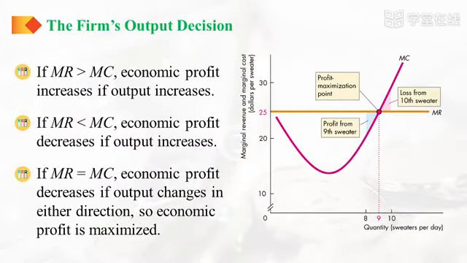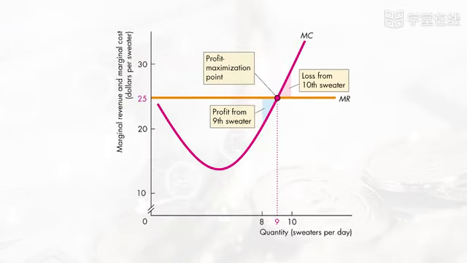In 10.3, we can see that when MR is larger than MC, which is the initial part of the curve, economic profit increases, because increasing one more unit of output gives a marginal revenue higher than the marginal cost. Firms need to increase output to increase economic profit. So before the output choice of 9 sweaters, firms need to increase output to increase profit.